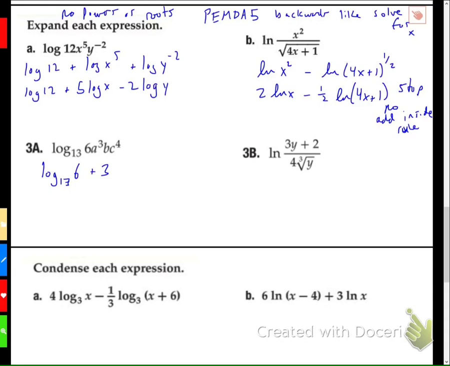That 3 power can come down. 3 log 13 of A plus log 13 of B plus 4 log 13 of C. Okay, so just to indicate, so that I don't have to write out another step, see that these powers that were up there came down. And I'm going to grab my lasso of truth and move that over.